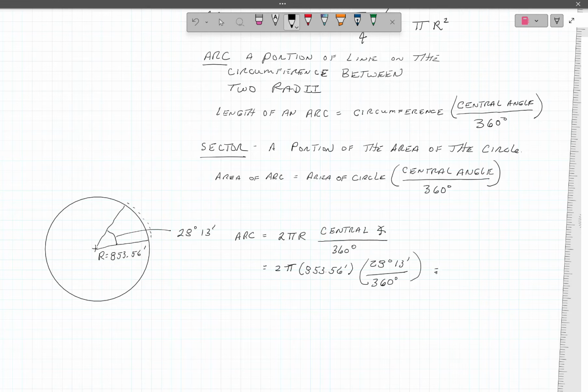And when we get done, we will have 420.36 feet. Okay. Pi. I promised you pi, didn't I? I should have put pi up there earlier. So when we're using pi, we want to do this.